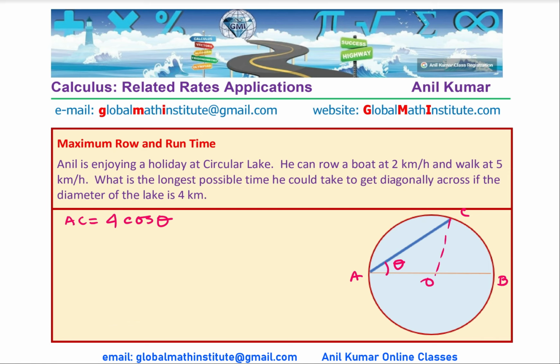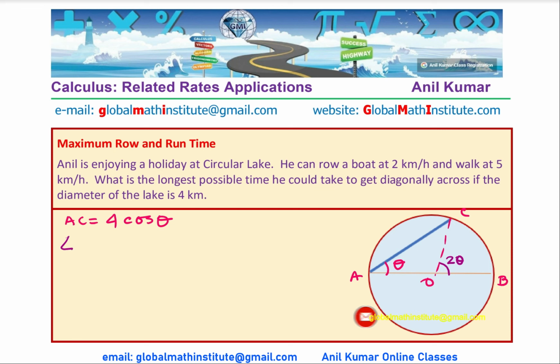Now see, what is the angle at the center? If at the circumference we have an angle of theta, then at center of the circle we have angle 2 theta. So this is an important theorem, right? So this angle is 2 theta always.